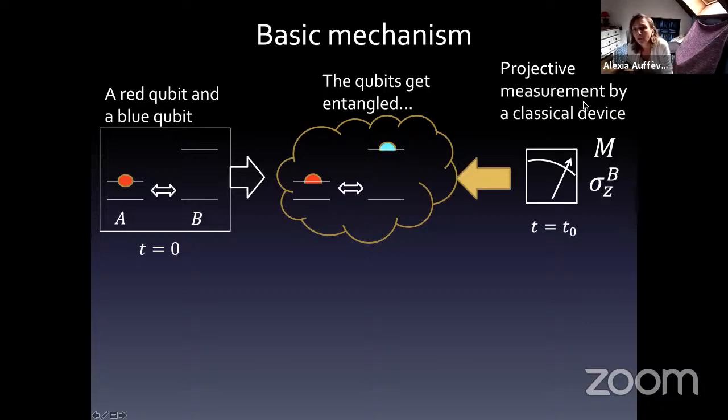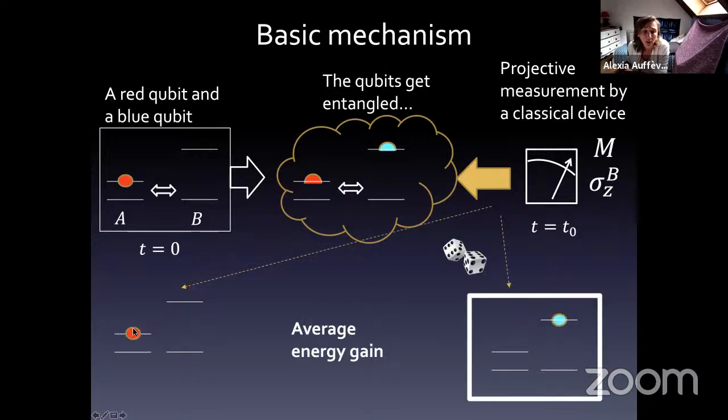And then you perform a measurement using a classical device for now. So you ask the blue qubit if it is excited or not. And from this, there are two options. Either the blue qubit is not excited, which means the excitation is in the red qubit, and we are back to the initial state, basically.